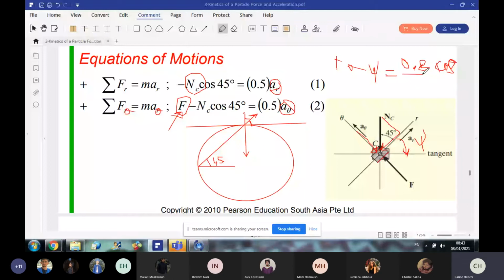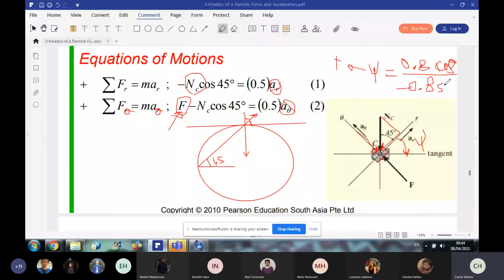Please pay attention. If you use this formula, dr by d theta is the derivative with respect to theta, not with respect to time. So it's minus 0.8 sine theta. Okay? So here, as you can see, 0.8 will simplify. And then you will have cosine theta over sine theta, which is 1 over tangent theta or cotangent theta.